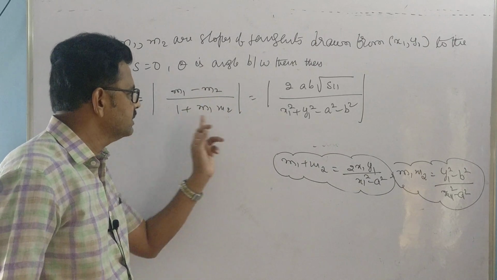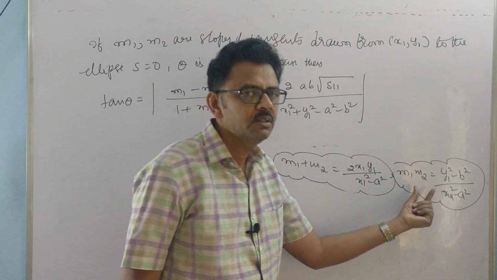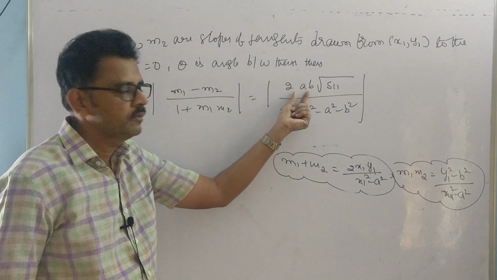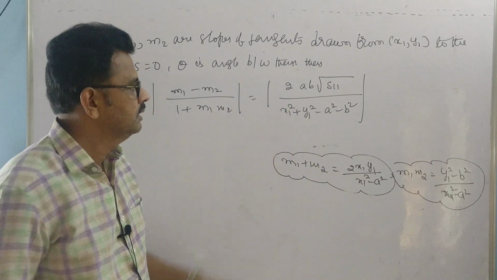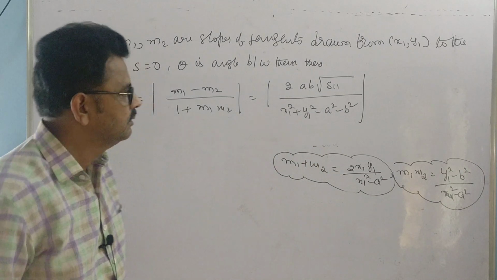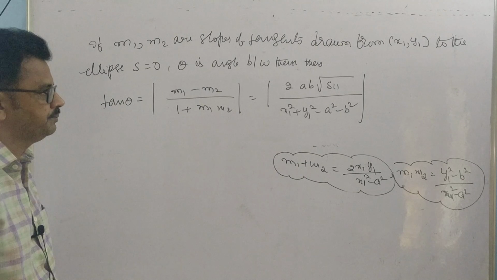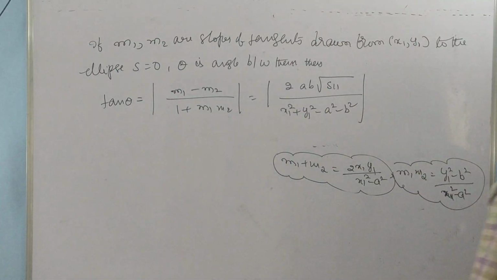Now we have all the values. By simplifying, you get this form, 2ab into root of S11 by x1 square plus y1 square minus a square minus b square. So this is the formula for the angle between tangents to the ellipse.